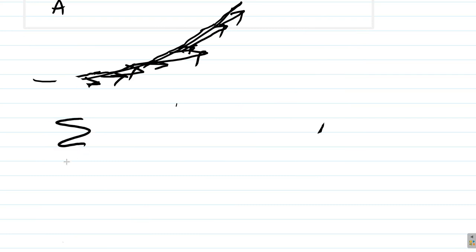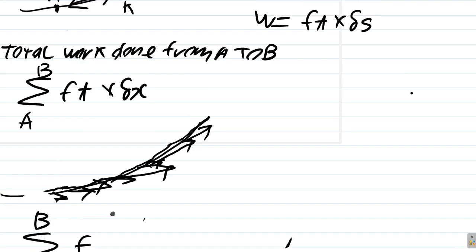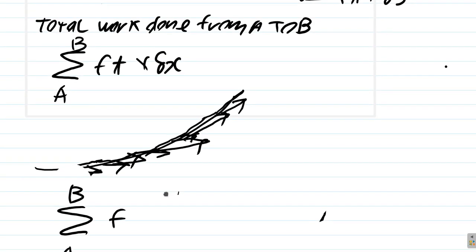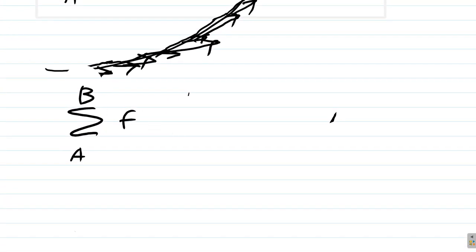So the summation sign from A to B of f of t, the tangent force, times delta s. Remember, this is the length of the chord, and this is the tangent force, work is force times distance.